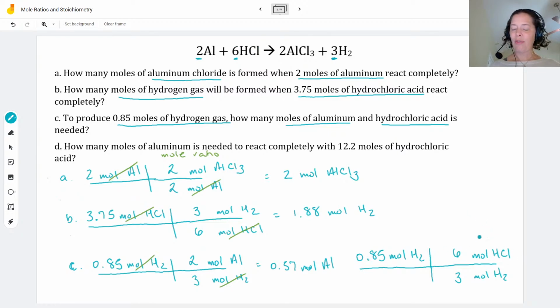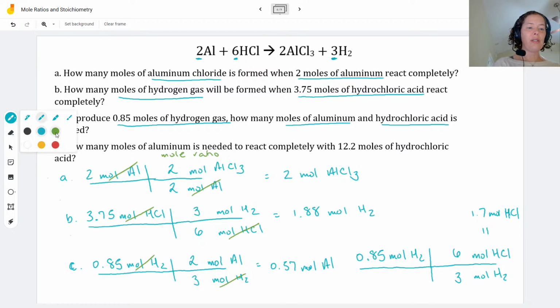I am going to have to squeeze this up here. And I have 1.7 moles of hydrochloric acid. That is an HCl. That looked kind of like a 4. Okay, so just double check, make sure things canceled like you want. So our moles of H2 canceled, and now I'm left with moles of hydrochloric acid.